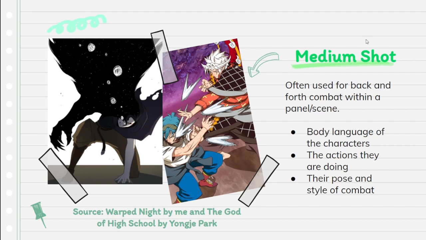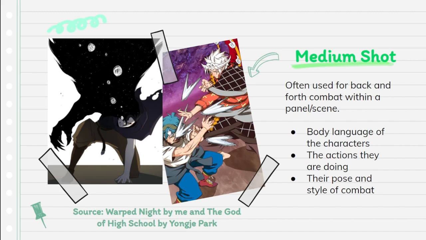The examples shown here are, again, from my Warp Knight comic before the remake, and The God of High School by Young J Park. This is the shot that's mostly used in action comics. The reason being that the body language is clear, your movement is clear to the readers, and so on.